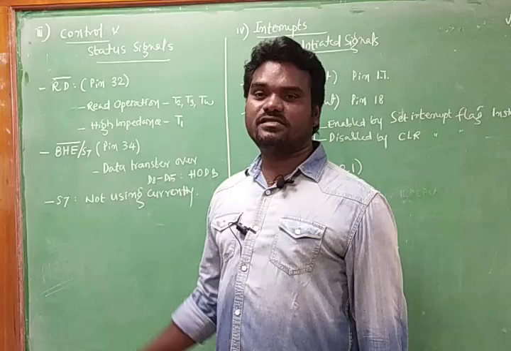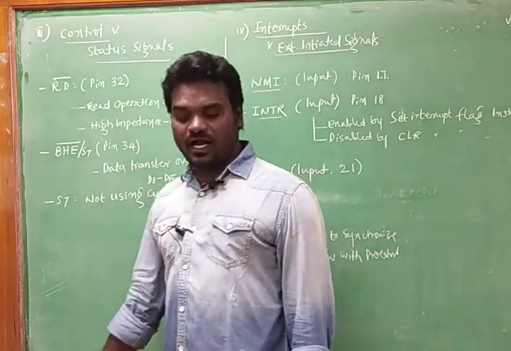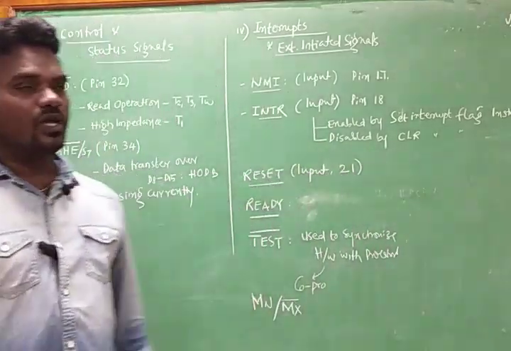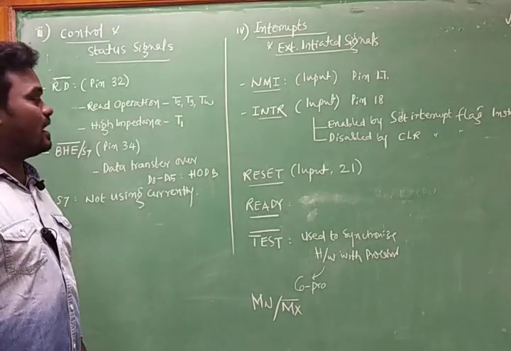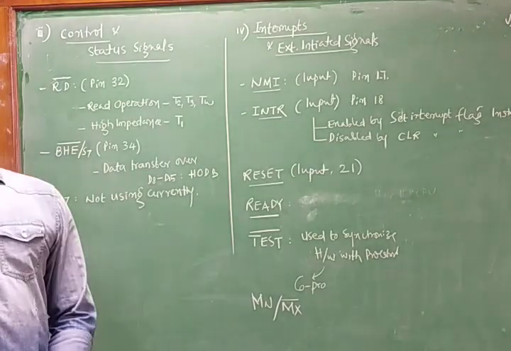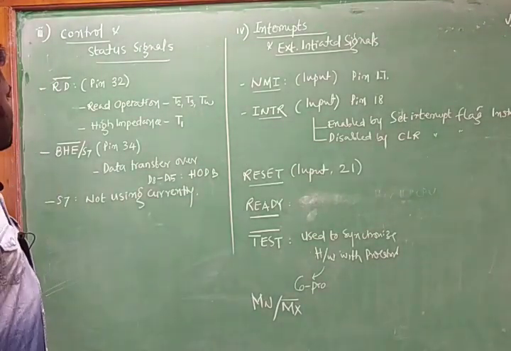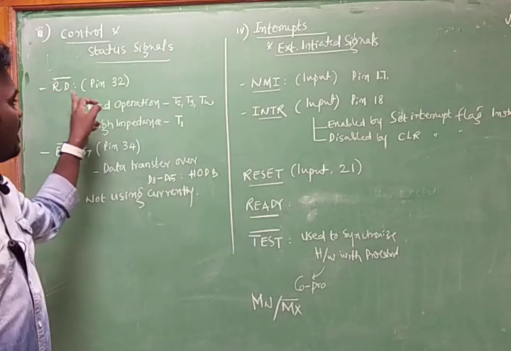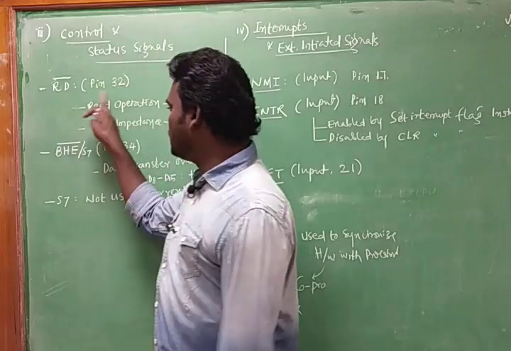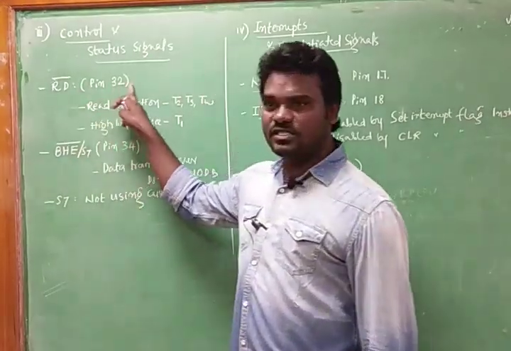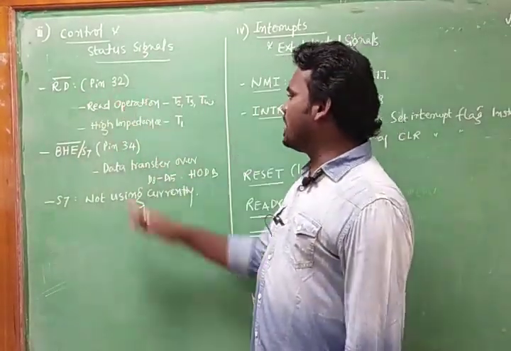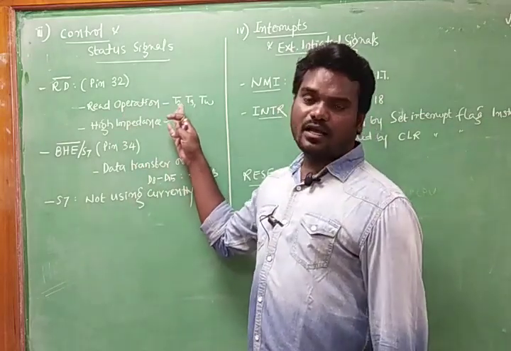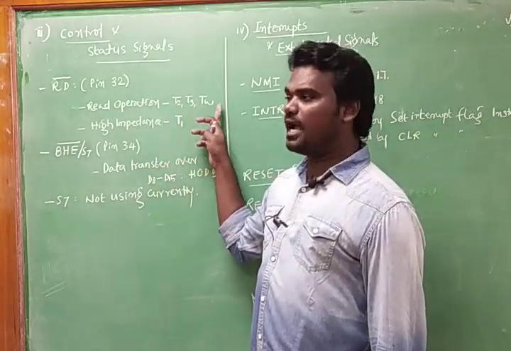During the clock cycle T1, it gives high impedance because it is going to change from one state to another state. This pin, pin number 32, is an active low signal used to indicate the read operation in the clock cycles T2, T3 and TW.